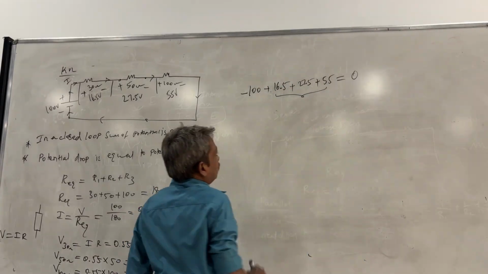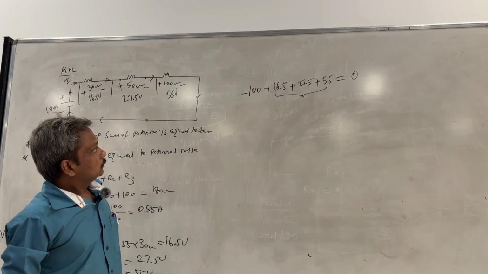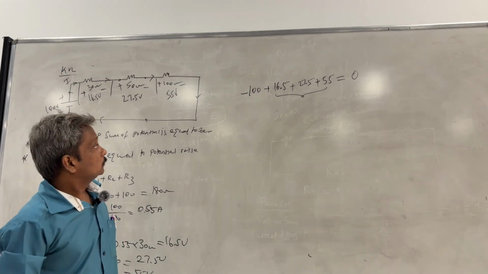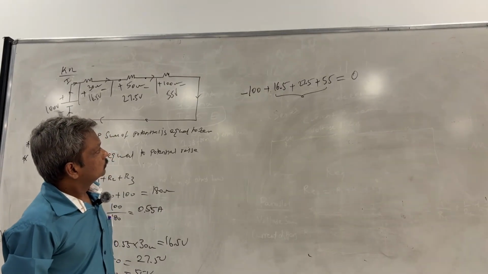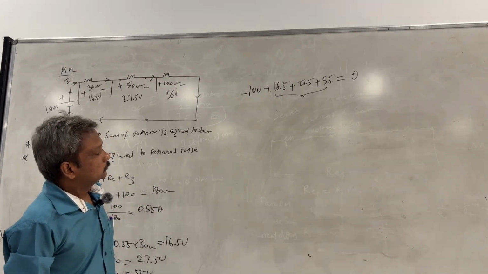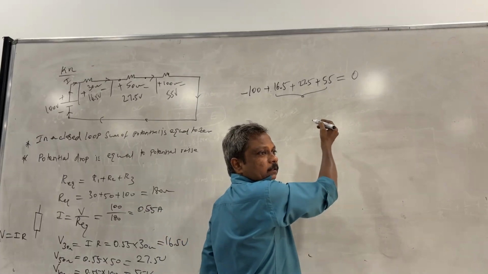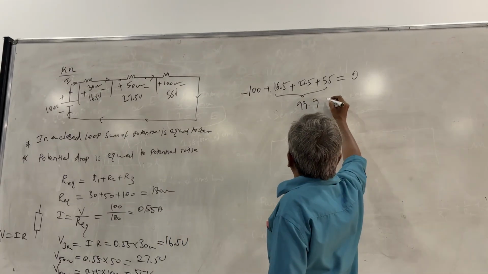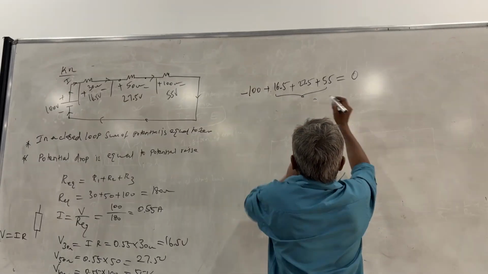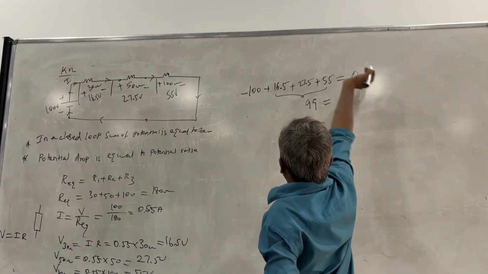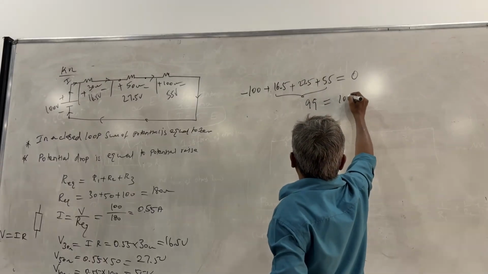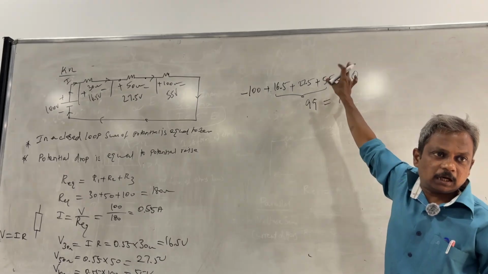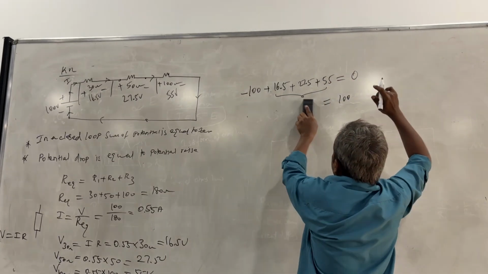You add these three, how much? 99.9, so about 99, with positive and negative signs. Actually, if you add the other decimals, then you will get almost 99, meaning 100 will come.